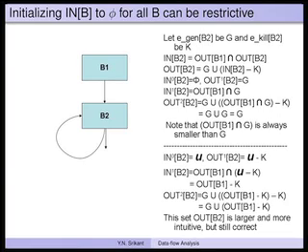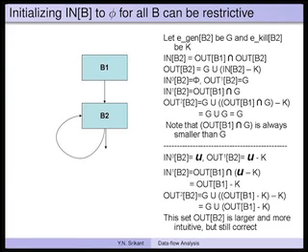Take a very small flow graph B1, B2, B2 has a self loop. Let E gen of B2 be G, and E kill of B2 be K. Now, let us take how to compute the in of B2. You take the intersection of the two sets, out B1 intersection out B2.